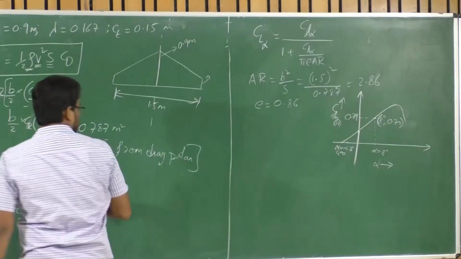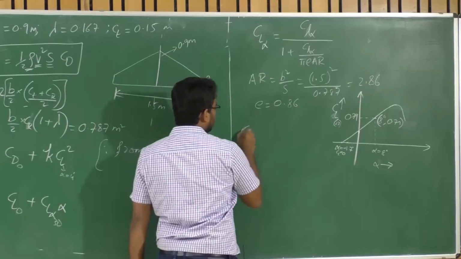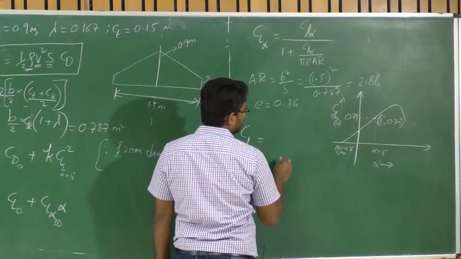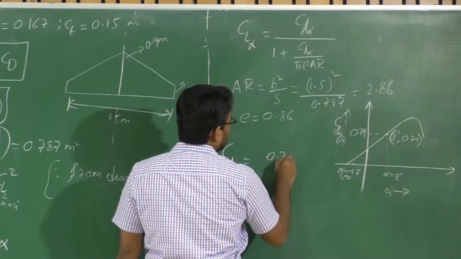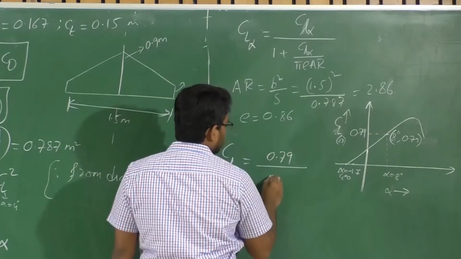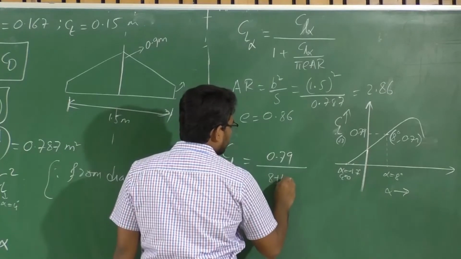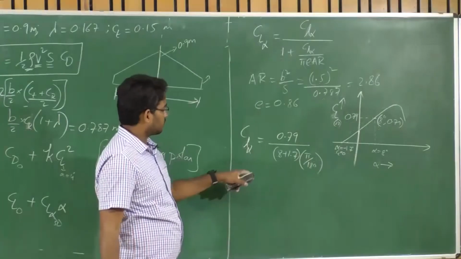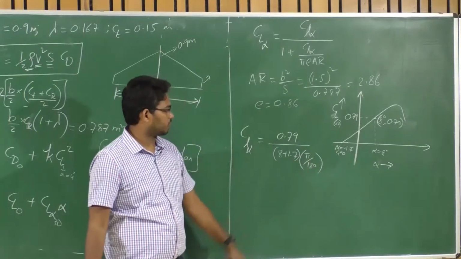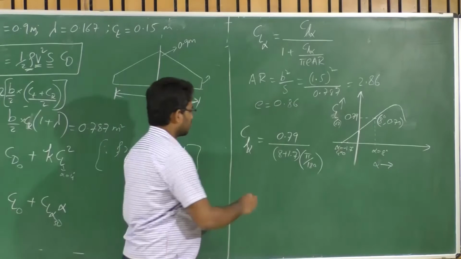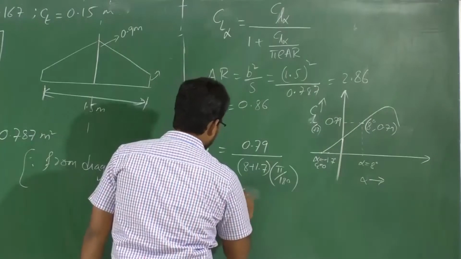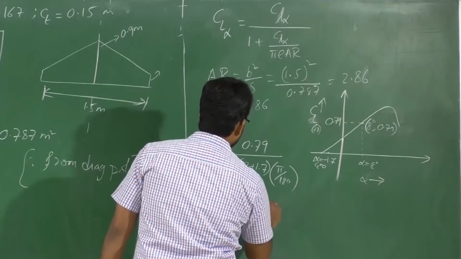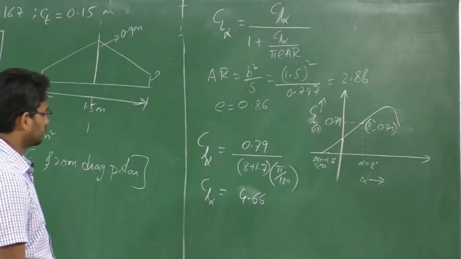Okay. So using this data, I'll be able to find out CL alpha 2D, which is equal to 0.79 upon 8 plus 1.7. I'm multiplying this by pi by 180 to convert it to per radian. So that turns out to be 4.66 or 4.7, you can say 4.66.